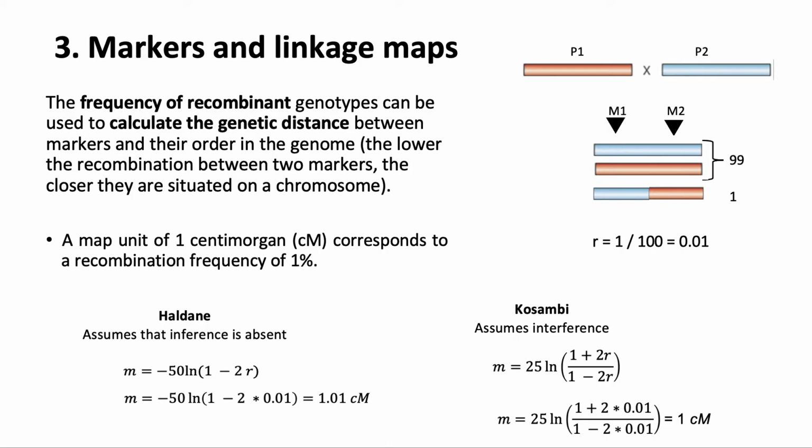And that is because Kosambi assumes that there is interference between recombinations, so it tries to correct in some way, or better estimate, the genetic distance between markers. That is why Kosambi is one of the most common functions to estimate centimorgans in QTL analysis.